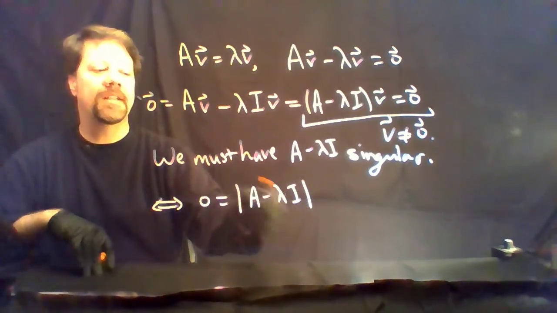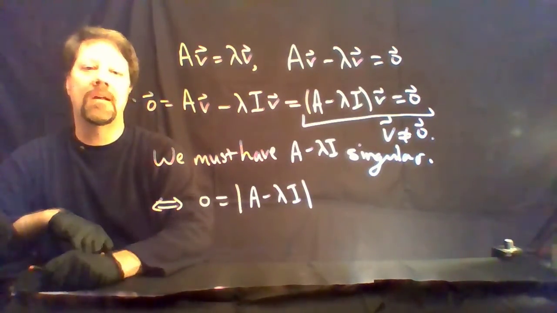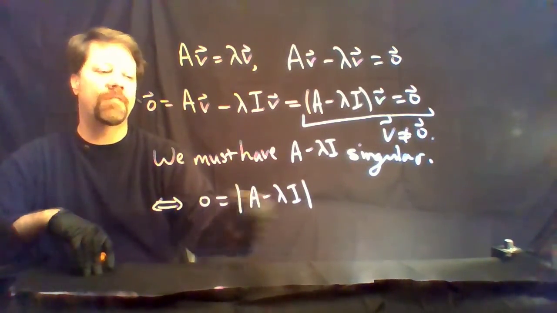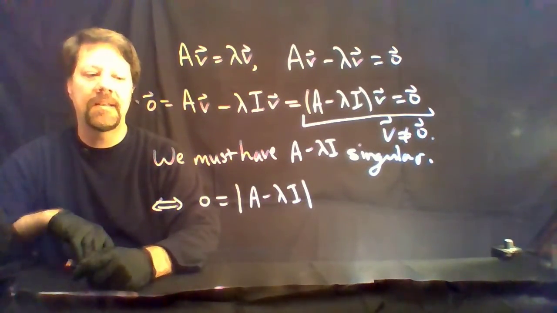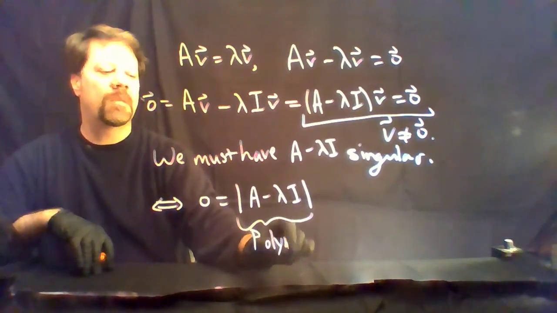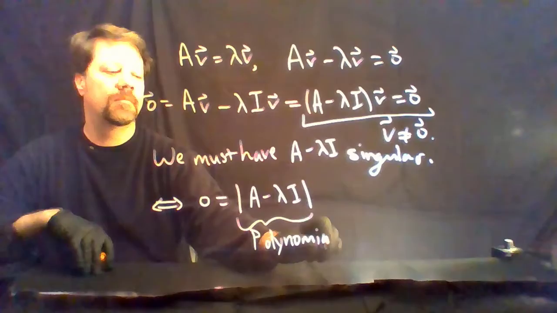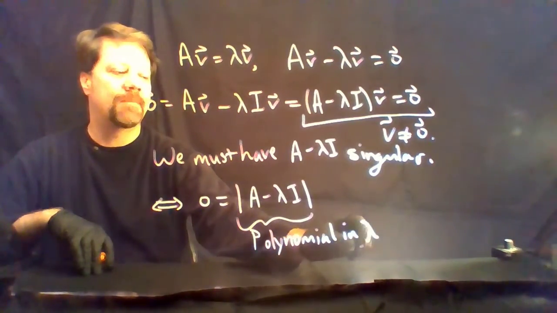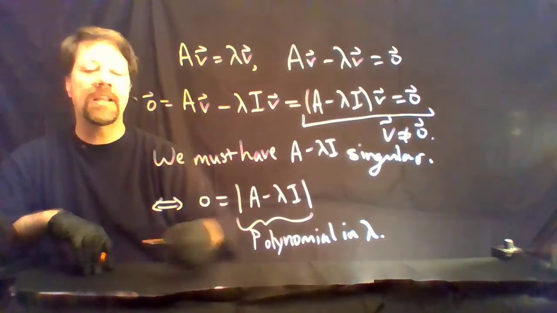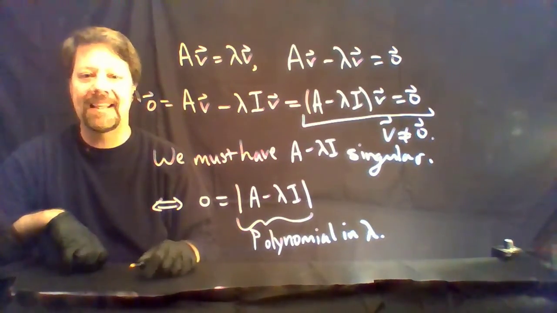The determinant is made with a finite number of products. As you'll see, we'll have a finite number of products involving lambda. That makes this always a polynomial in lambda. If A is an n by n, then the degree of the polynomial will be n.